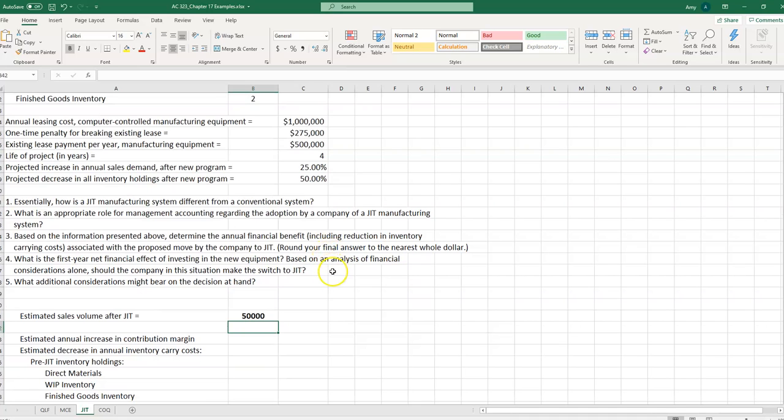Now we're going to look at our estimated annual change in contribution margin. So what is our contribution margin from the new system versus our contribution margin in the old system? Remember, contribution margin is sales minus various costs.